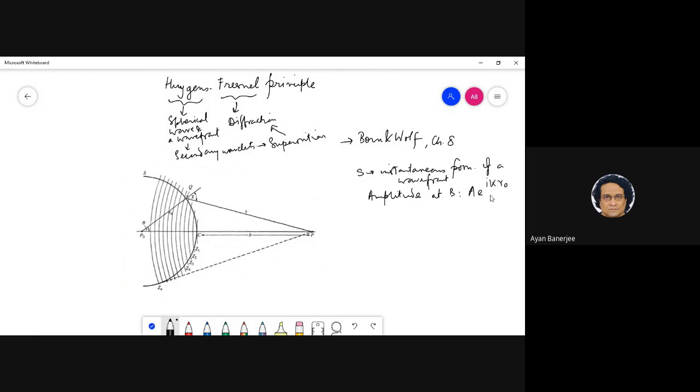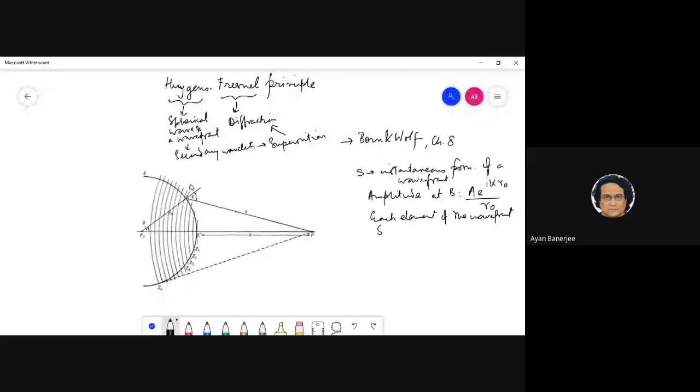It is just A e to the i k r0 by r0, and each element of the wavefront S has an amplitude at Q. Sorry, this is Q, of course.